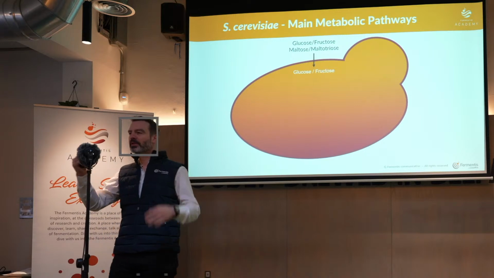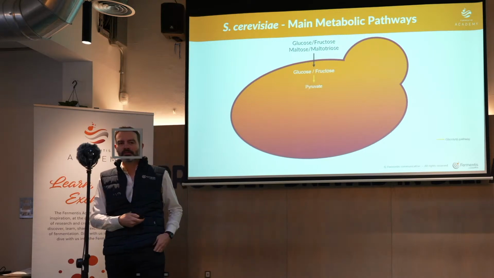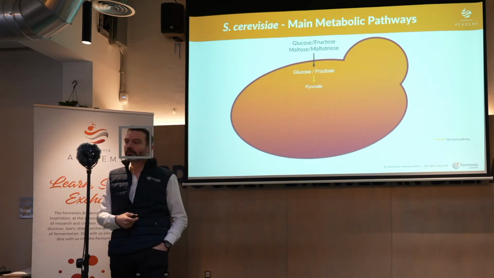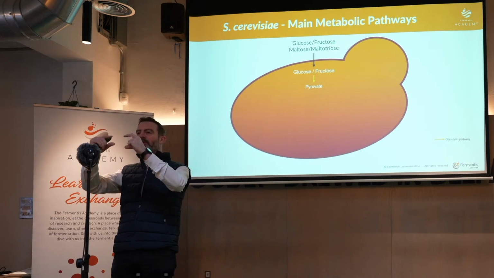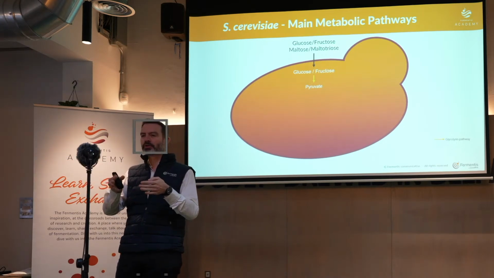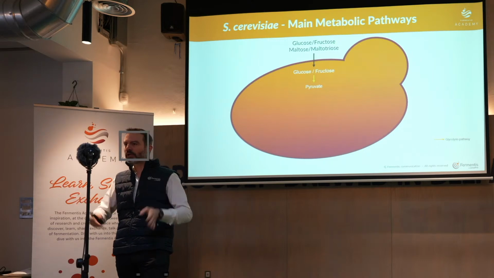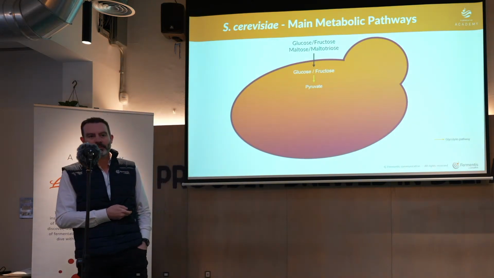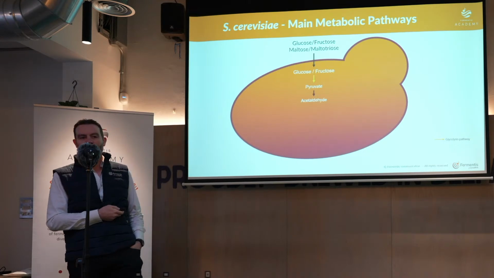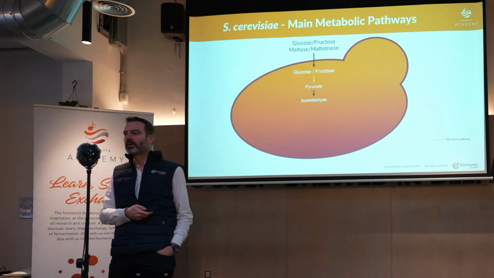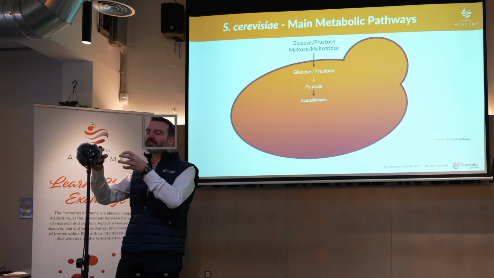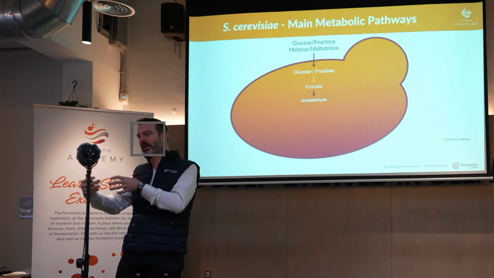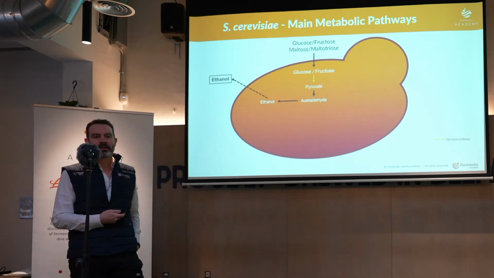So what happens is the yeast is going to import the sugar inside of the cell and make pyruvate. Pyruvate is in a corner, a bit like you're on the road at a crossroad. It's a crossroad between different kinds of chemical reactions. And out of that, yeast is going to make acetaldehyde, which is the last step before ethanol, and then ethanol.